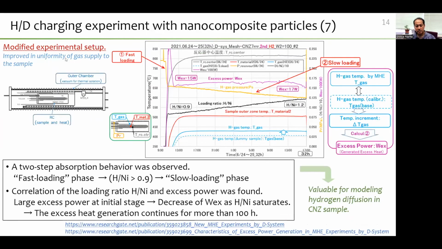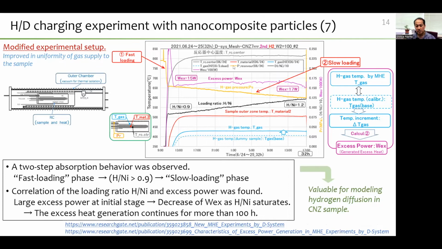So they have recently modified the experimental setup. The reaction cell was placed horizontally and the gas supplied from the side to improve the uniformity of the gas diffusion to the sample. In this new experiment, they observed some unique phenomena. A two-step absorption behavior was observed.